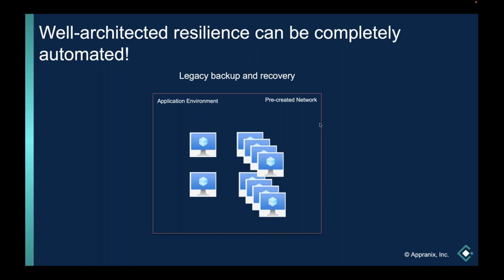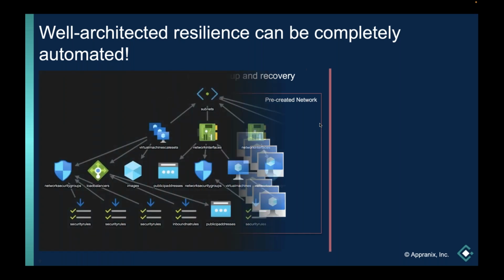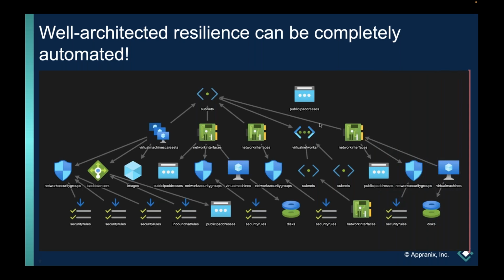And that's why it becomes really difficult to achieve this well-architected resilience, but that is possible. It isn't like what used to happen in the data center anymore. It is now possible to completely automate all of these services, including the dependencies, including the sequencing, including the ability to bring up the entire application environment in some other part of the country.